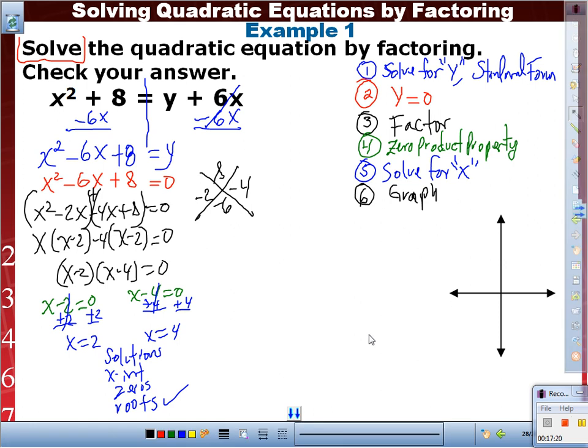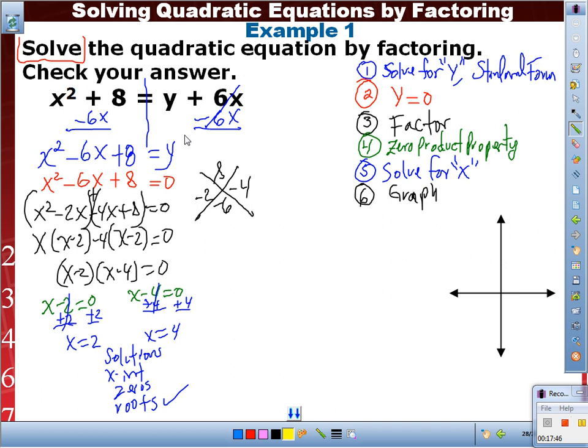Look up to the screen. To graph, I need to use the intercepts. Okay? So with that said, look up.